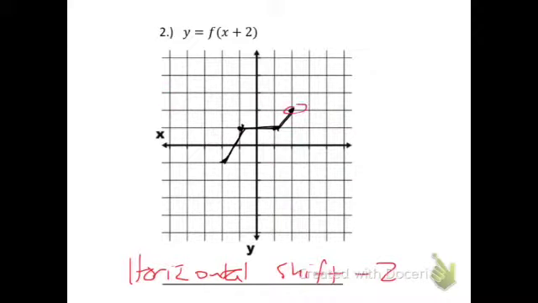And so this guy, he's going to be left 2 right there. This guy, he moved left 2 to be right there. This guy that used to be there is now left 2 spots. And this guy, it needs to move left 2 spots to get right there. And so your new shape will look like this guy here.